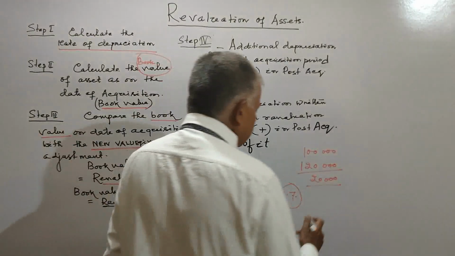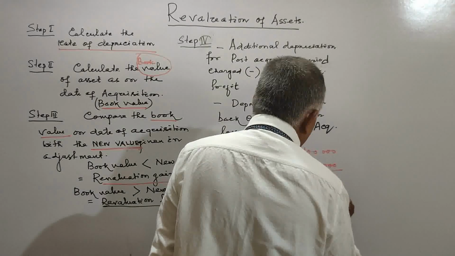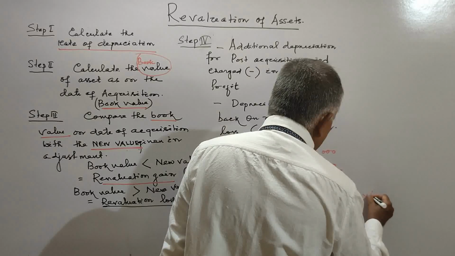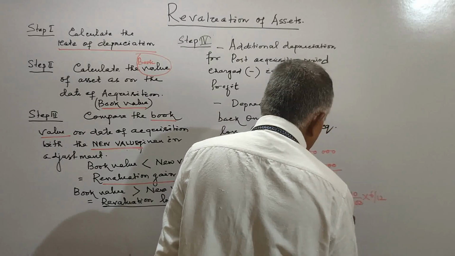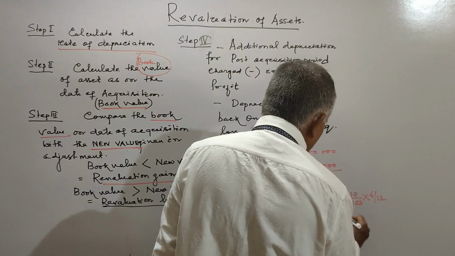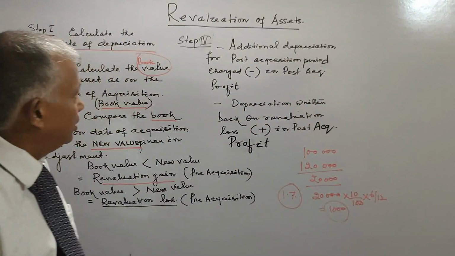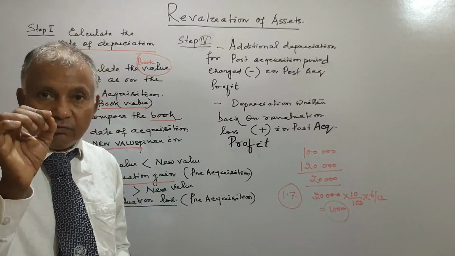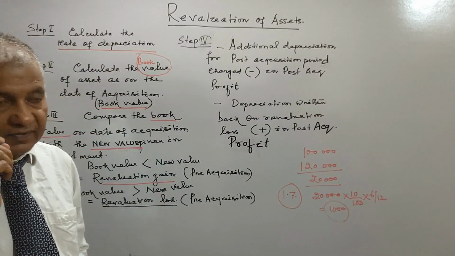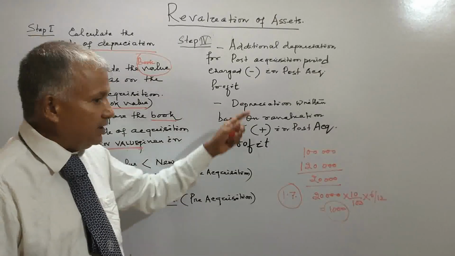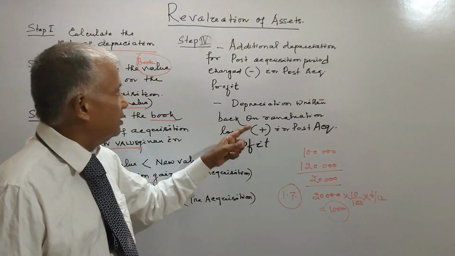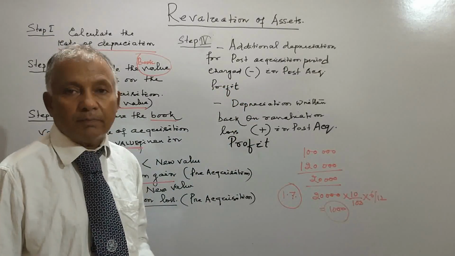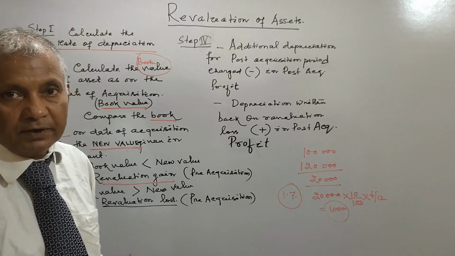If rate of depreciation is 10% on 20,000, 10%, 6 months, it will be 1,000. So additional depreciation of 1,000 has to be provided here. This is important, and this additional depreciation is to be given in the post acquisition profit in analysis of profit statement.